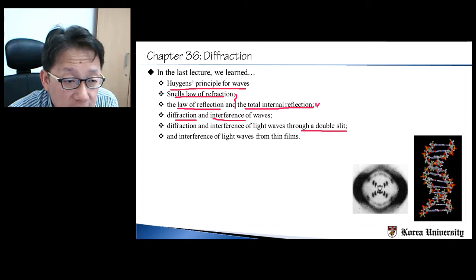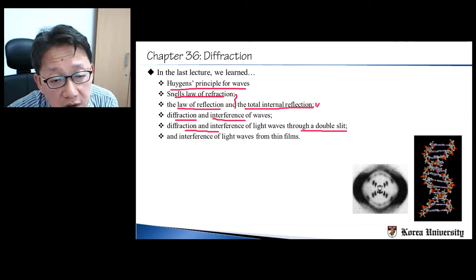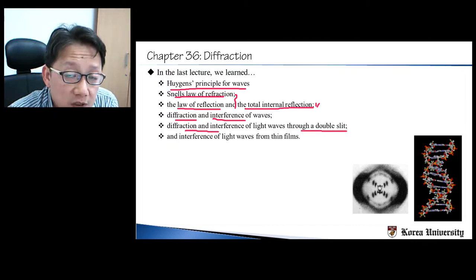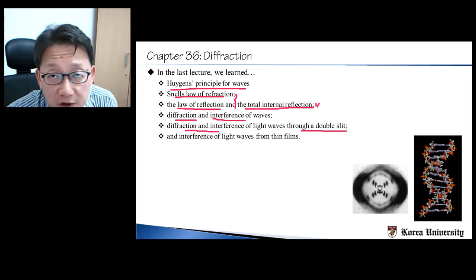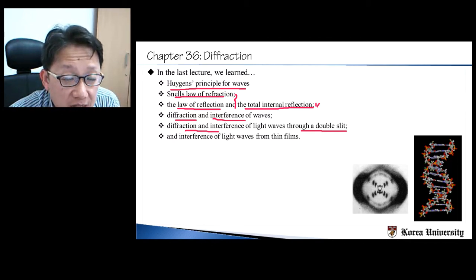Of course there will be diffraction and interference between these light waves. As a result, we observe a repeating pattern of bright and dark areas. Their position was directly related to the wavelength of the light and also the distance between slits. We also learned the interference phenomena of light waves from thin films.